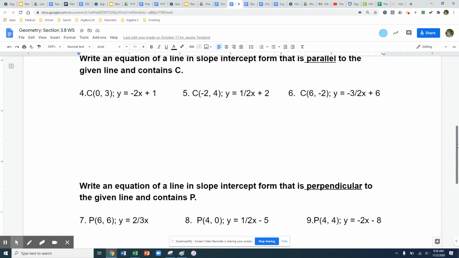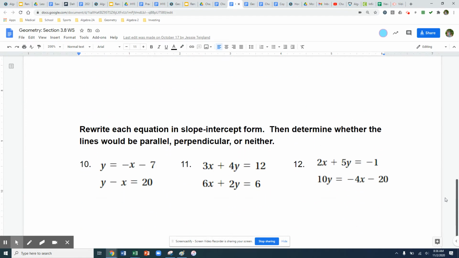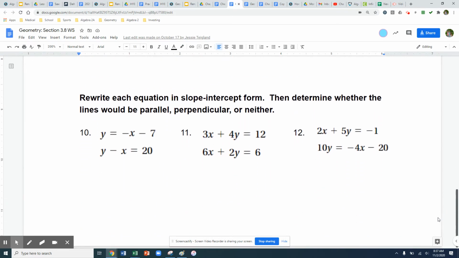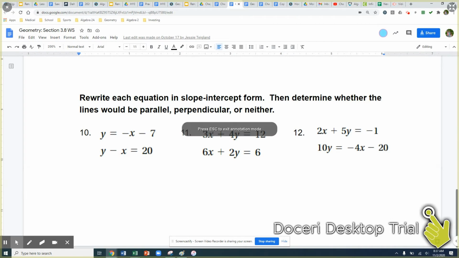Well, the big idea in section 8 is to be parallel, your two lines are going to have the exact same slope. And to be perpendicular, they're going to need to have the opposite reciprocal slope. So if we look at 10 and 11, just looking at a little bit of algebra, or actually, 10 is neither.